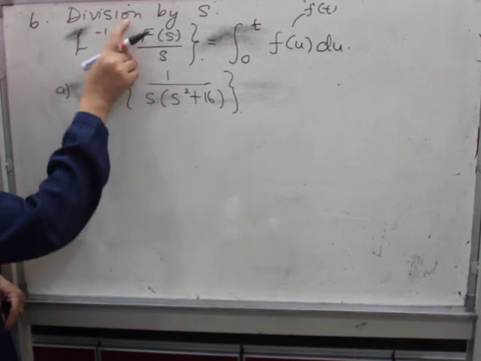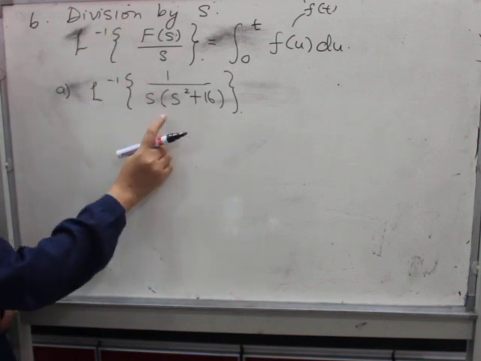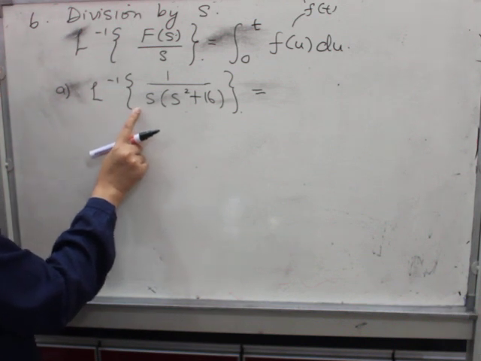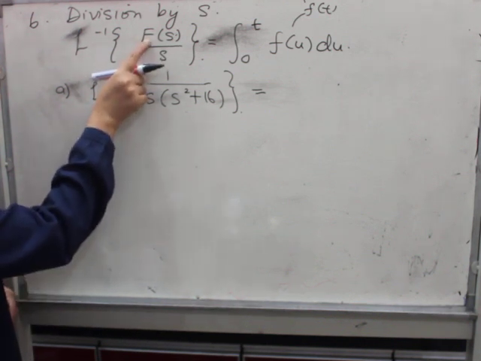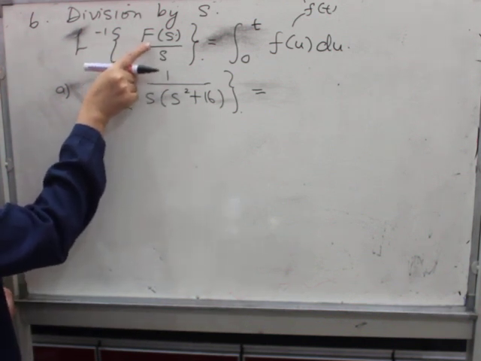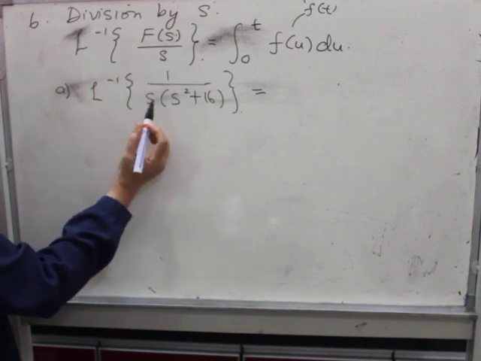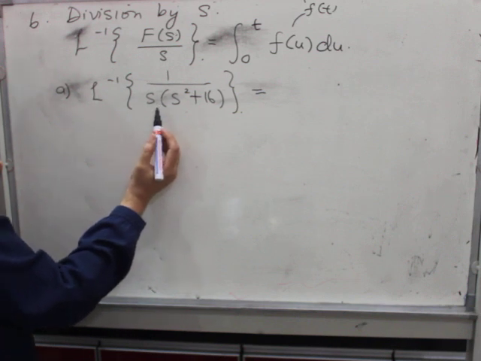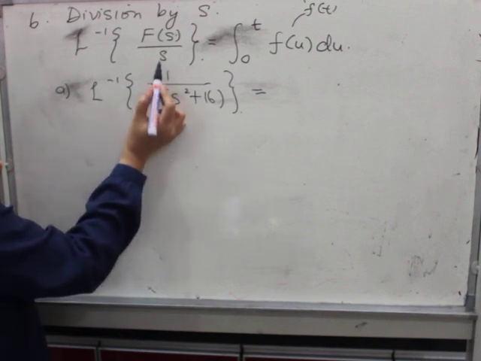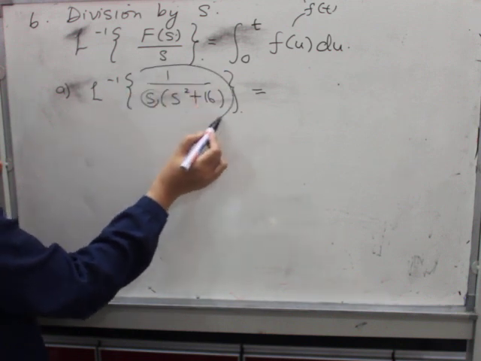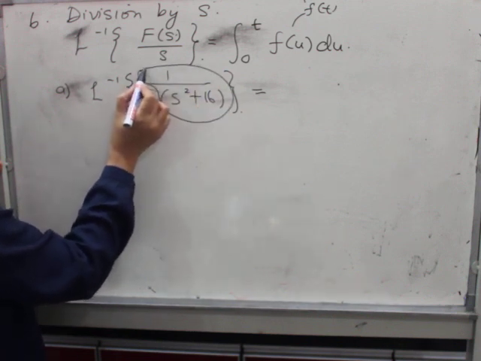Okay, so now we use division by S. So the property says F(s) divided by S. That means we have to match this question with the formula. So we have to identify the S. So this is the S, and other than this is F(s).